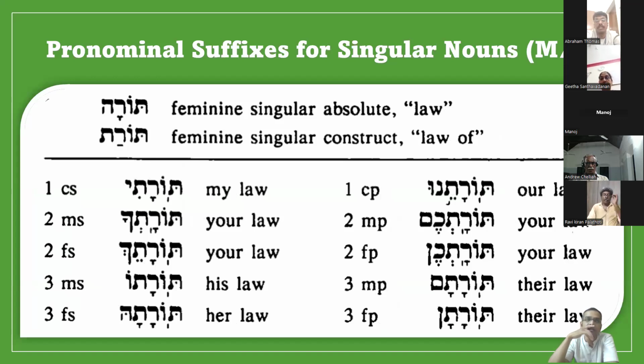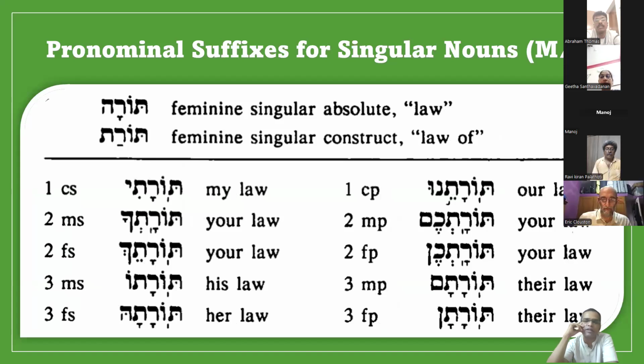Okay, can you try with susah? Susah, feminine singular absolute form, becomes susat, and then you have to extend the patah to qamets.